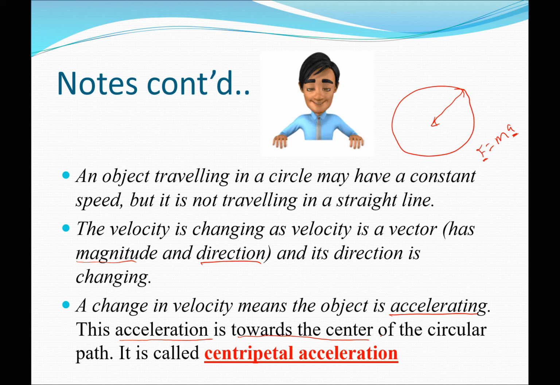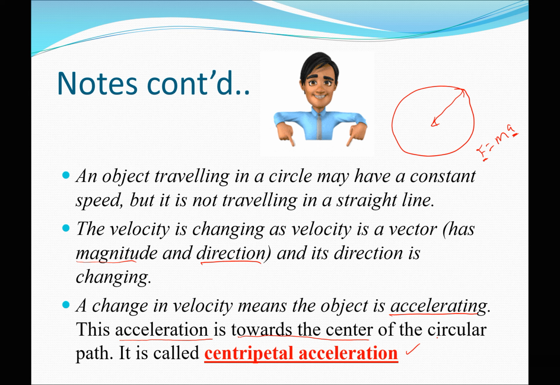So for a body moving in a circular path at a constant speed, it keeps changing direction. Velocity being a vector quantity, a change in direction means a change in velocity, and a change in velocity means the body is accelerating. The acceleration acts towards the center, and we shall call it centripetal acceleration.